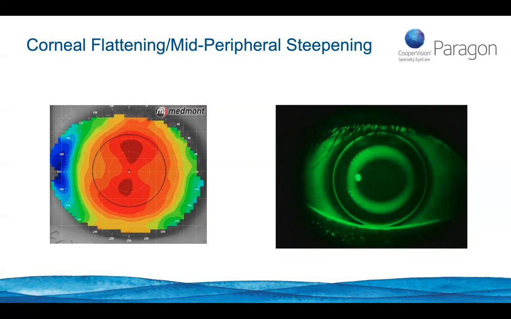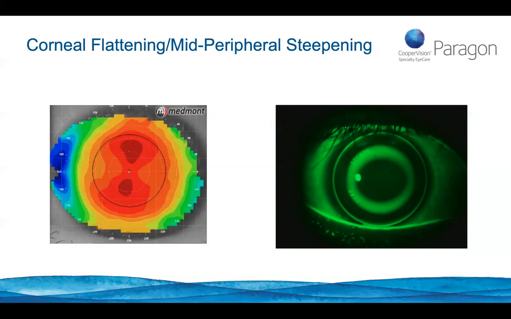And then we see the fluorescein pooling out in the mid-periphery, and it forms a nice fluorescein green ring. And then we have 360 alignment out in the mid-peripheral and peripheral portions of the cornea.